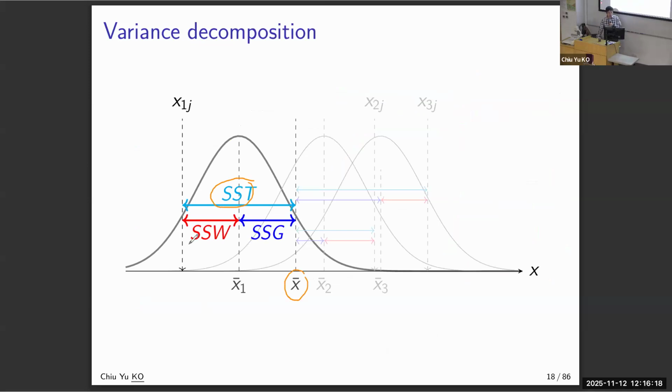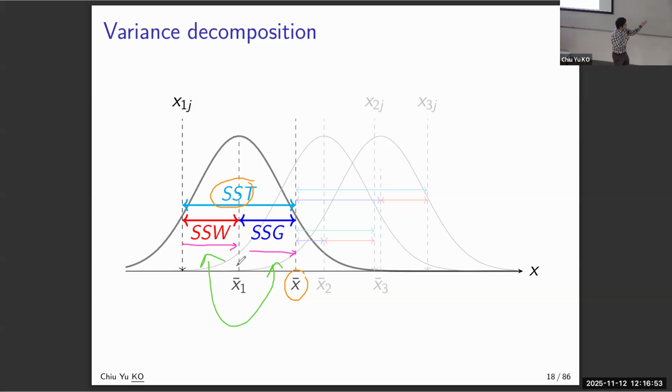You go to its group mean and calculate the variance; this is called SSW. From group mean to the total, it's called SSG. So in the end this is the same as these two. In the next class, I'll talk about what we're actually doing, which is comparing the variance of these two cases.